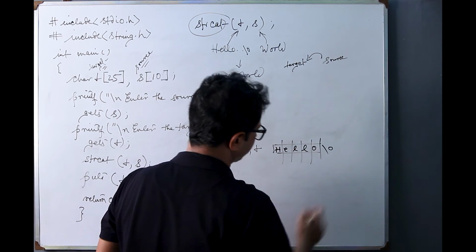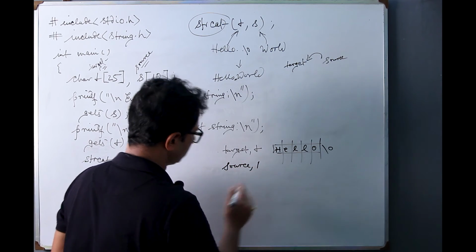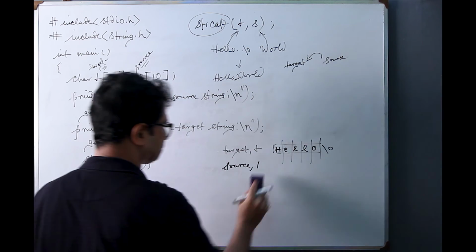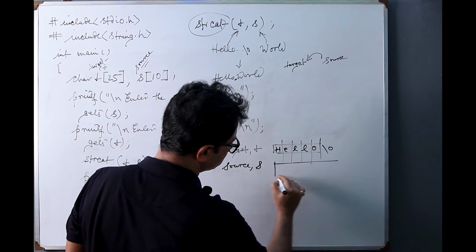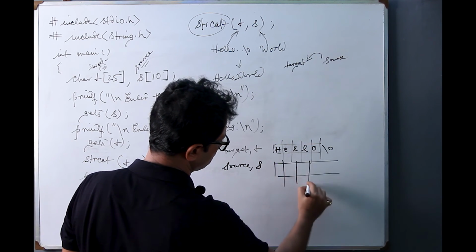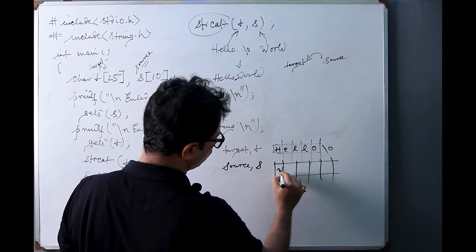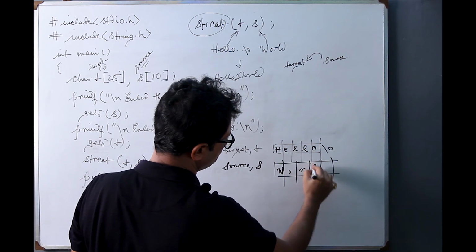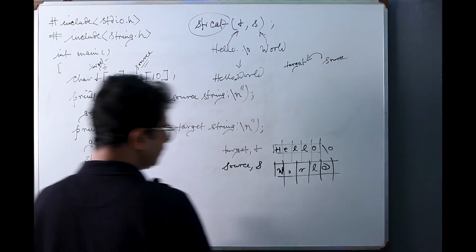After that, a null character. The source string, which is taken to be S, is suppose world. Hello world. So hello world, and after that a null character.